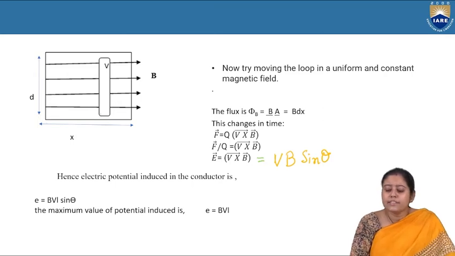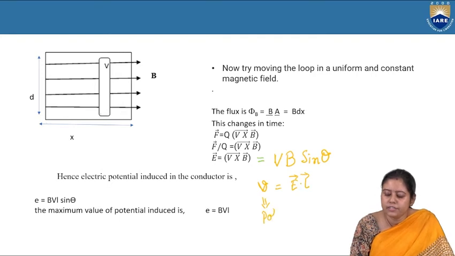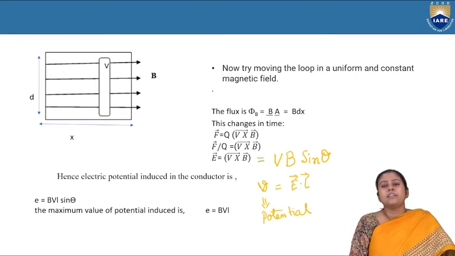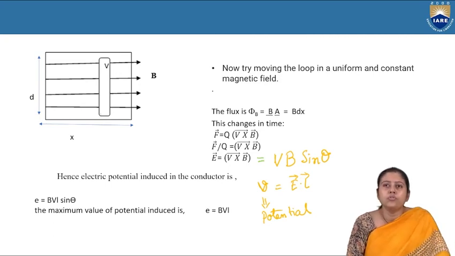Now, what is the relation between V and E? V is equal to E, the field intensity, into L. This V is the potential. We know from unit 1 that the potential is equal to field intensity E into length.